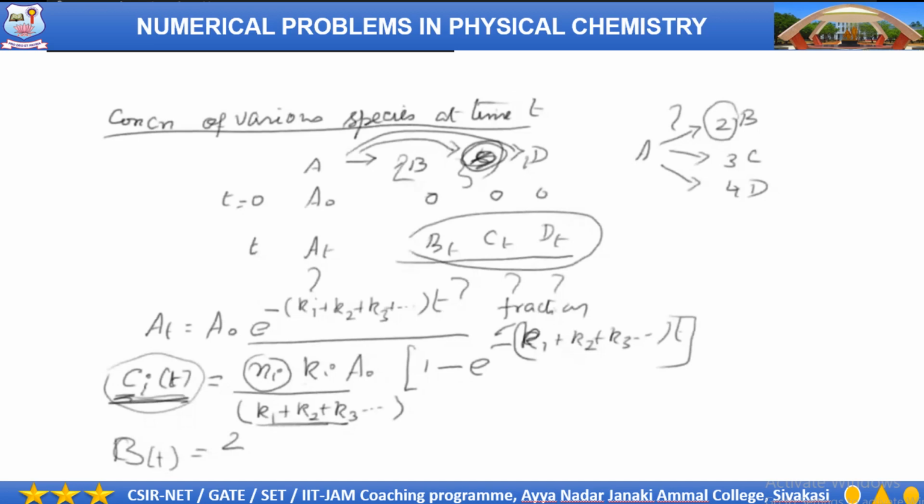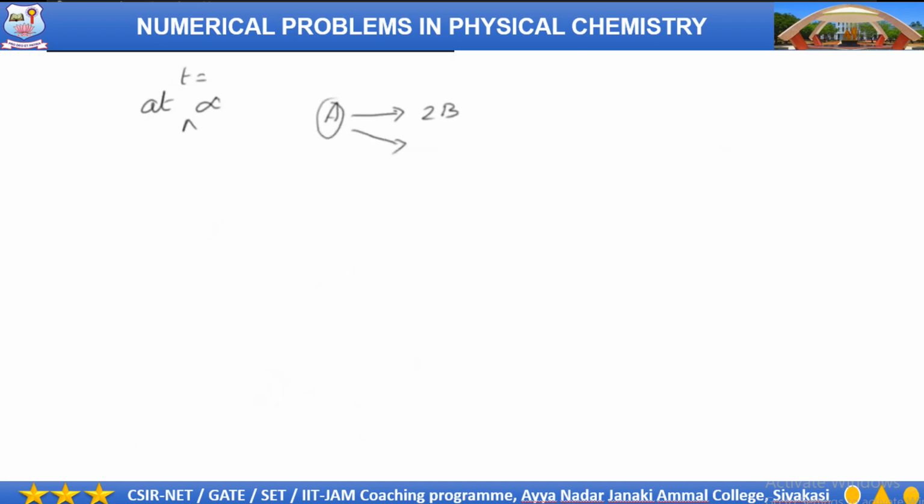Okay, but we are going to calculate the concentration of the products at infinity. Infinity means the reaction is complete, T is equal to infinity. Reaction is complete means no reactant is present. All of them are converted into product. Let the rate constants be K1, K2, K3.